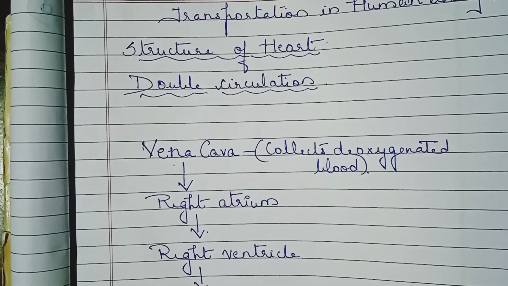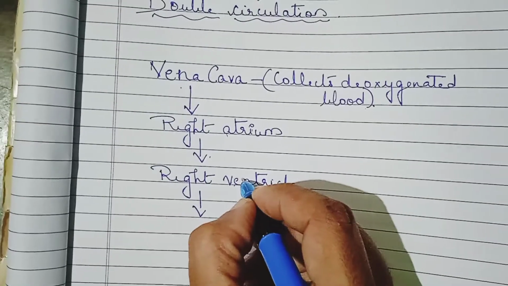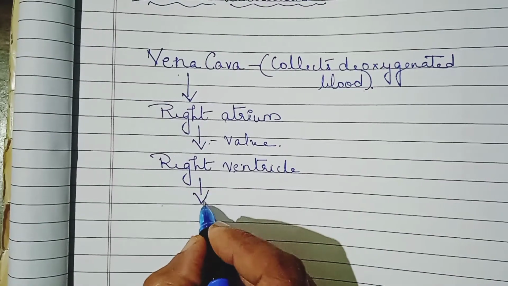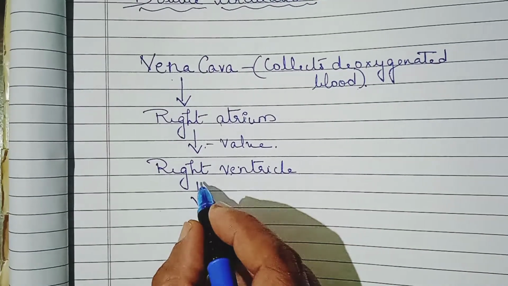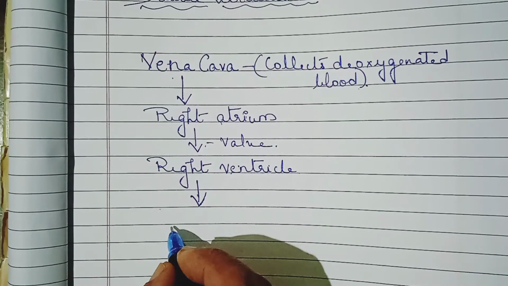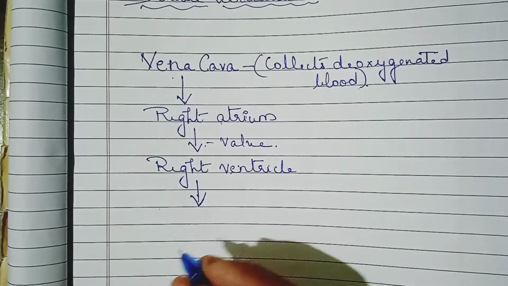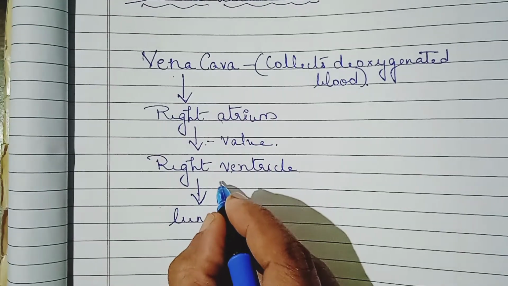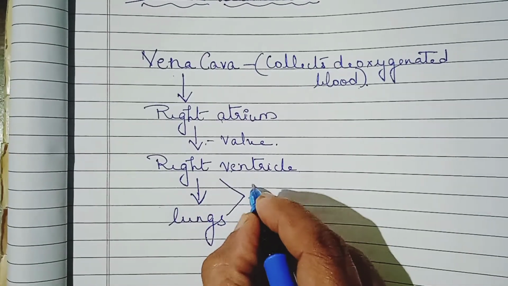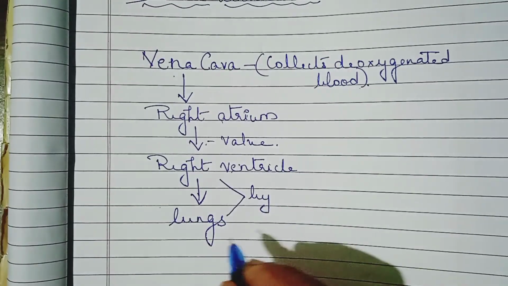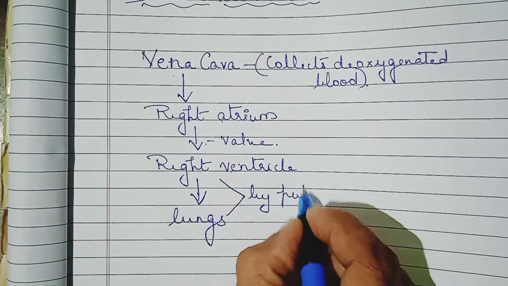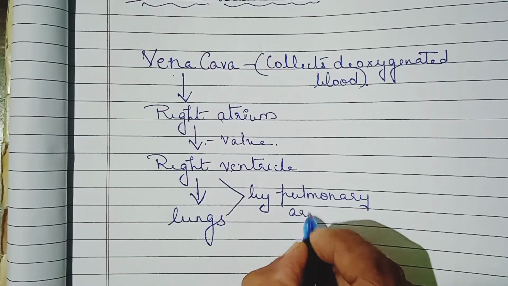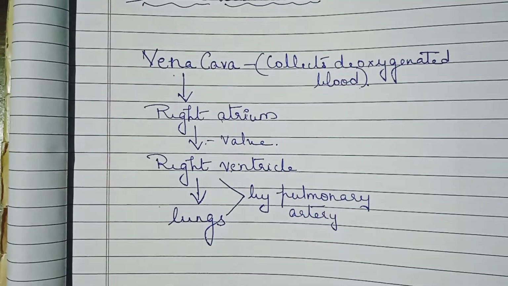Now, between this atrium and the ventricle there is a valve. Then from the right ventricle it gets into the lungs. By whom? By the pulmonary artery. Yes.